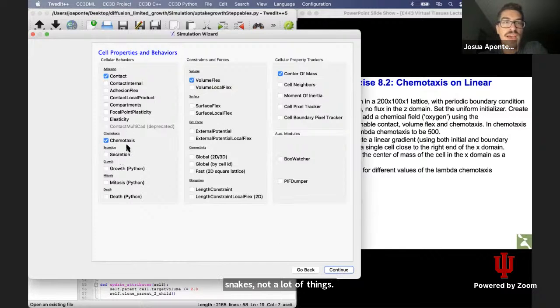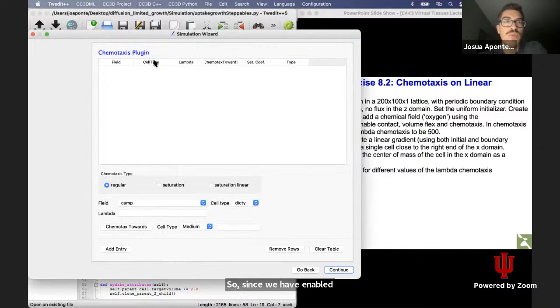Since we have enabled chemotaxis, when we hit next, we will get this new plugin that we haven't seen before. In this plugin, we need to specify the chemotaxis type. We will explain later what the saturation terms are doing, but for now, the regular is what I've been calling simple.